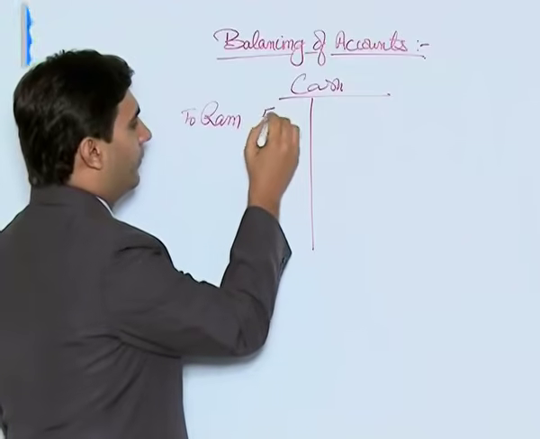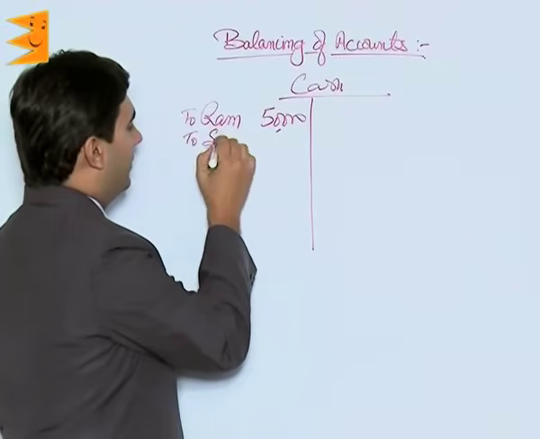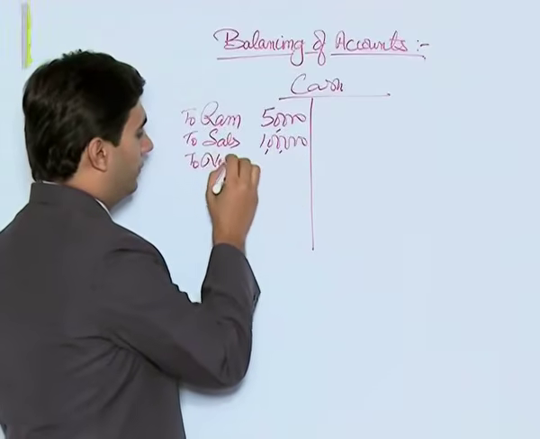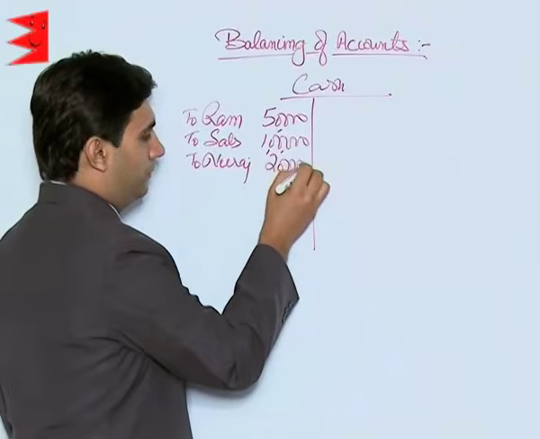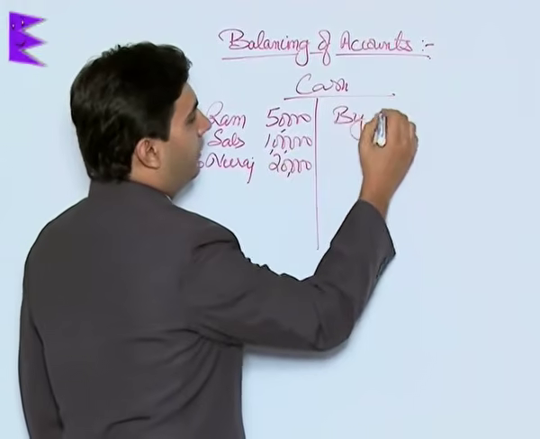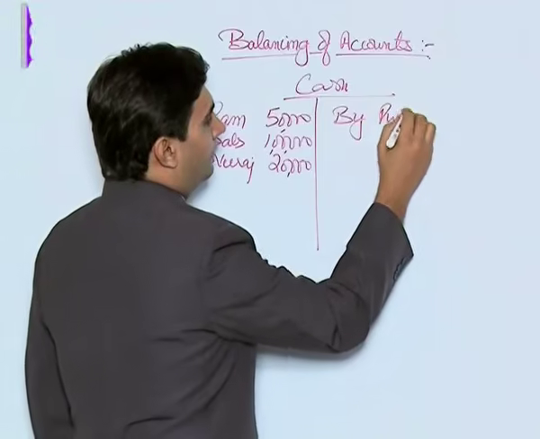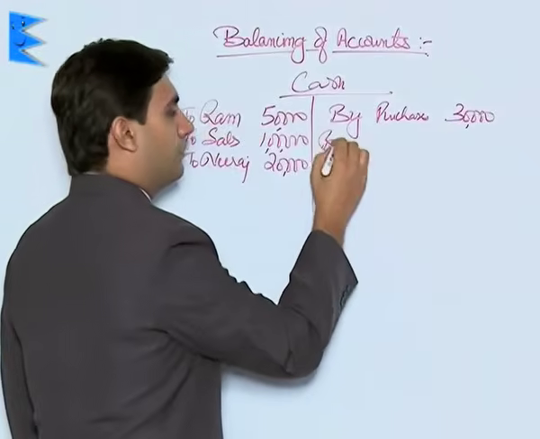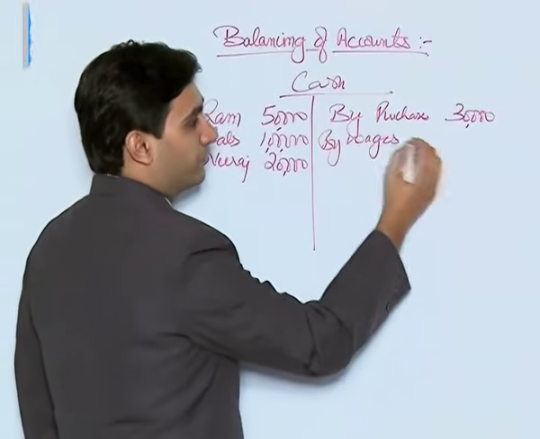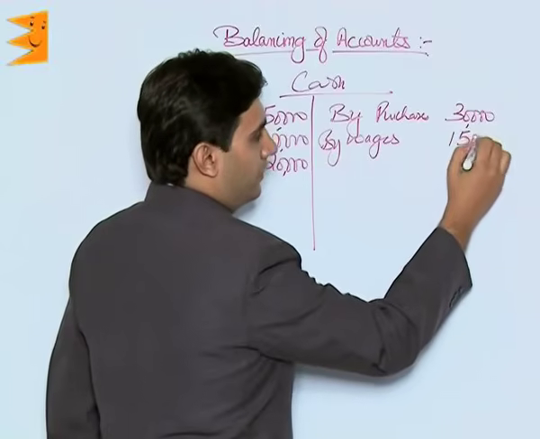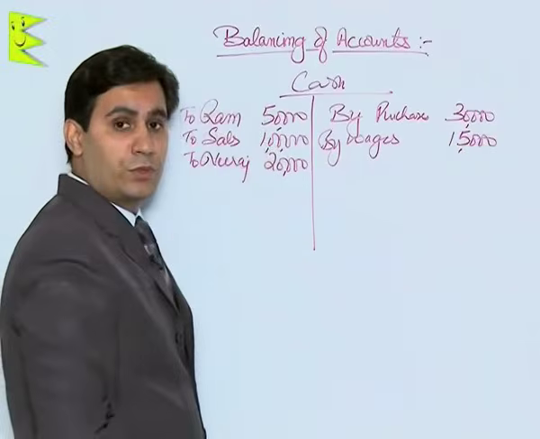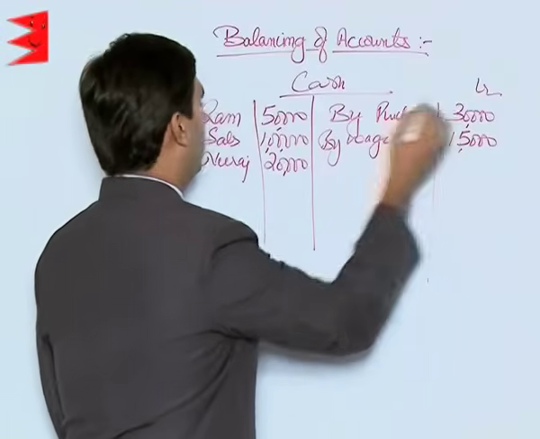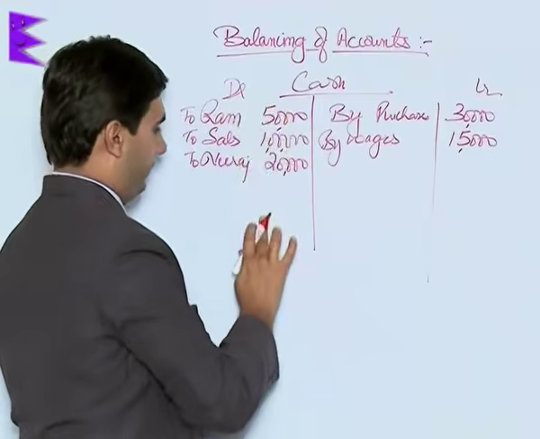To Ram 50,000, to sales 1 lakh, to Neeraj 20,000, and on the credit side we have by purchases 30,000, by wages 15,000. Now students, it is a T-shaped account. Let us find the balance. This is credit side, this is debit side.